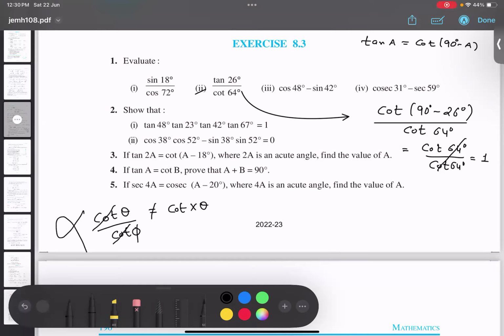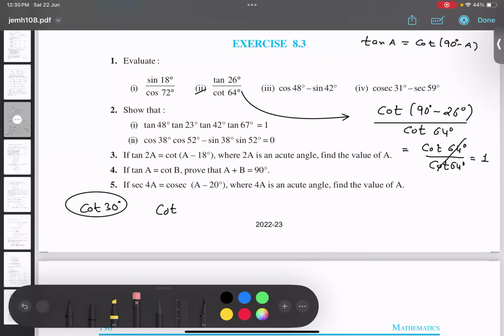It's absolutely wrong, because it's not a multiplication. It is one single value. Cot 30 degree is one value. Cot in itself does not make any sense. Is that clear?